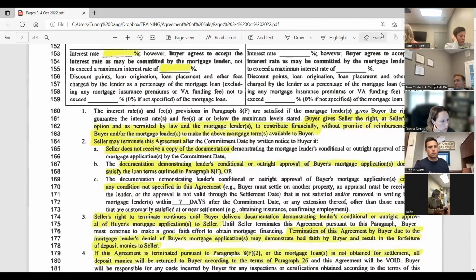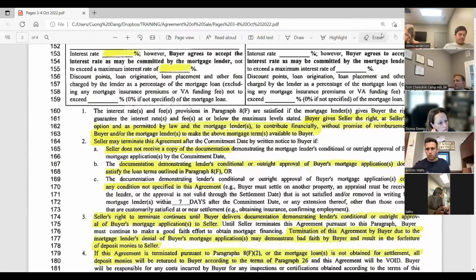Number 2, seller. Seller may terminate this agreement after the commitment date by written notice if buyer doesn't do one of 3 things. A, seller does not receive a copy of the documentation, the commitment letter, by that date.